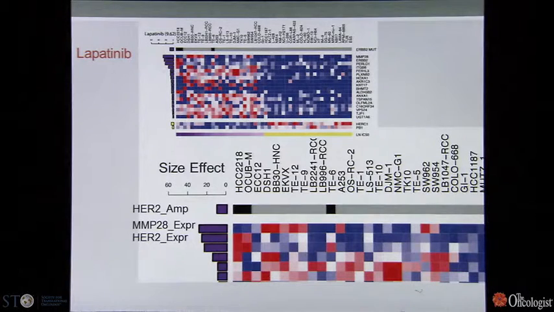You might note that these are relatively complex model responses, I should say. I mean to say that you see that these lines that are HER2 amplified are actually not the same ones that are participating in the model in giving you these complex responses, because the MMP28 expression is found in different cell lines. Each of these columns is a cell line.